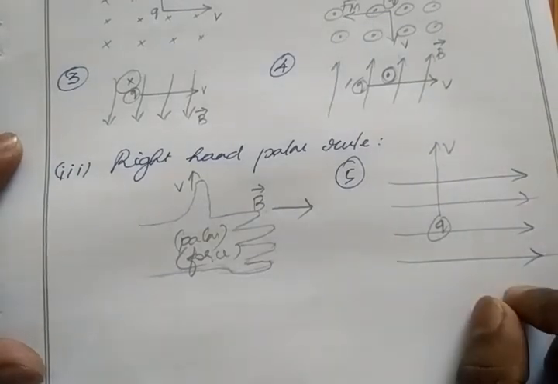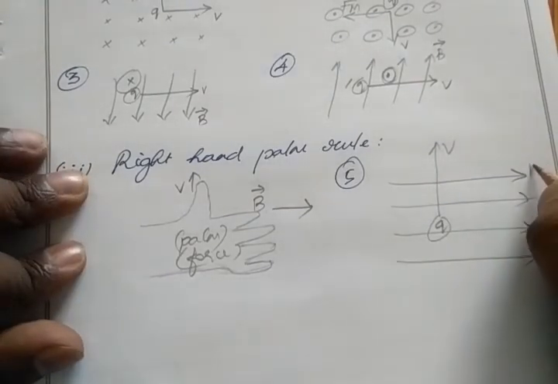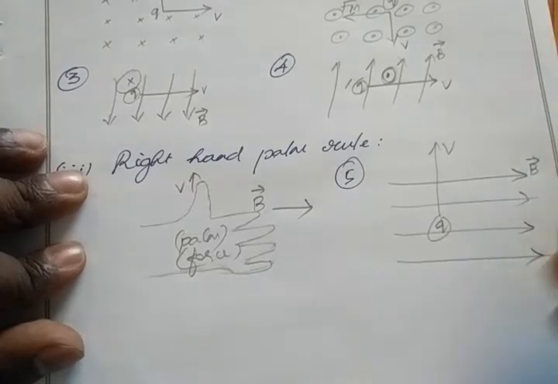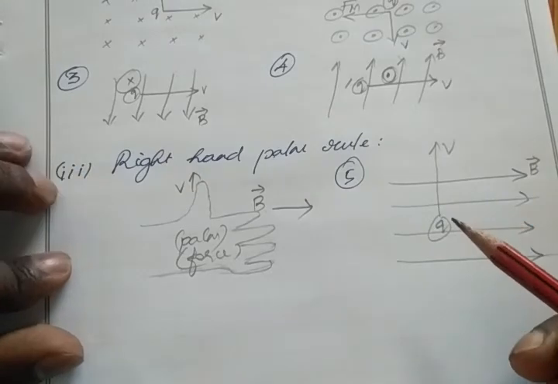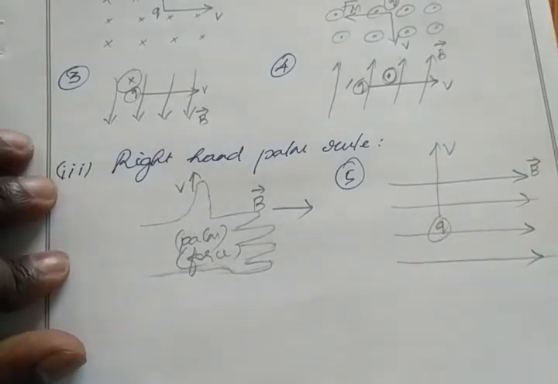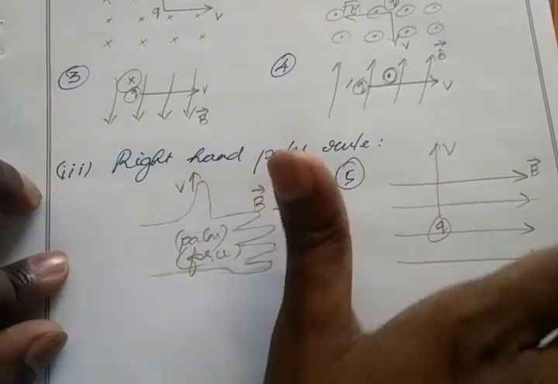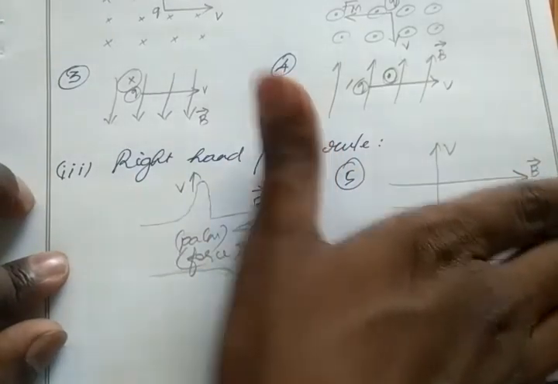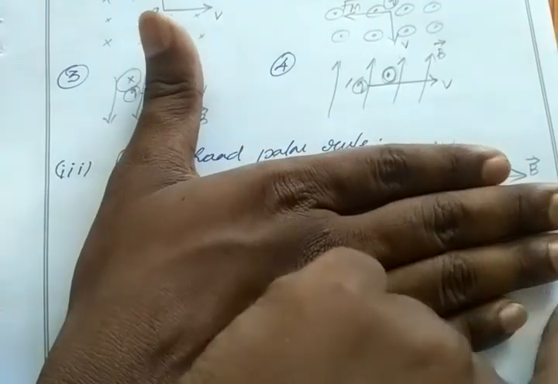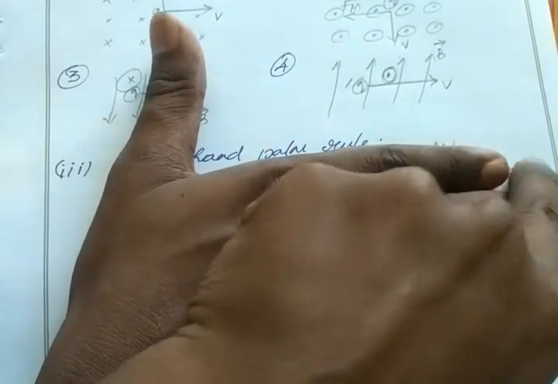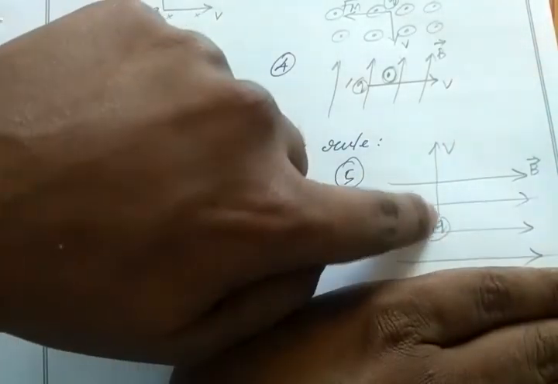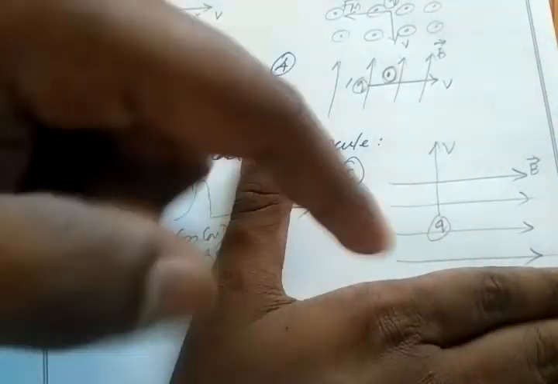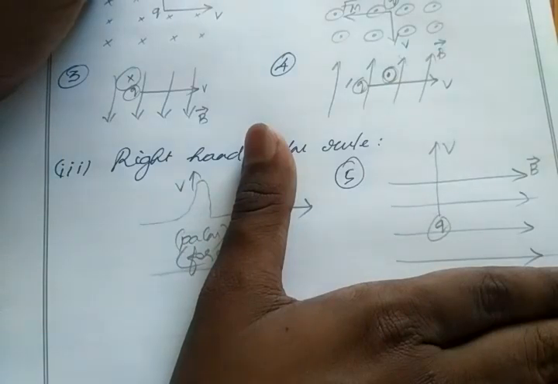Okay, so this is my magnetic field, this is the motion of charge. So using right hand palm rule, not left hand, right hand palm rule. My forefinger in the direction of magnetic field, correct, and my thumb finger in the direction of motion of charge, correct, and my palm shows the direction of magnetic force.